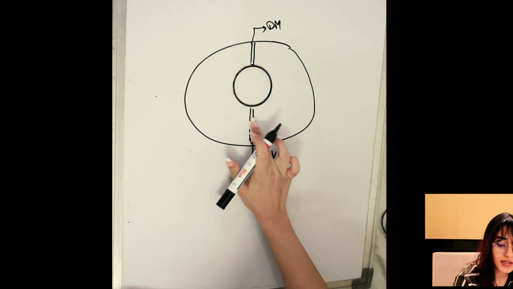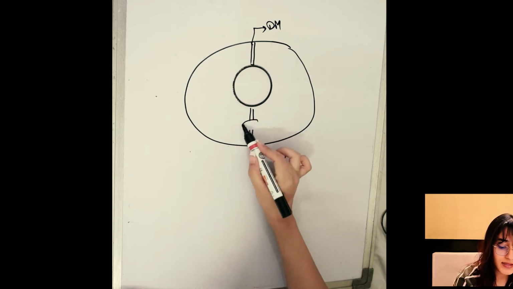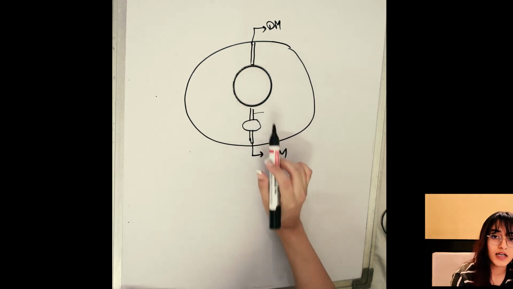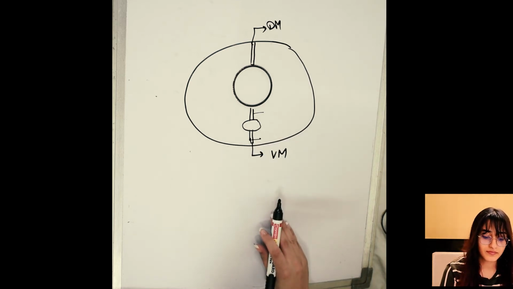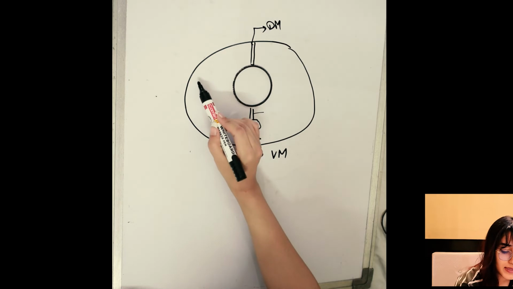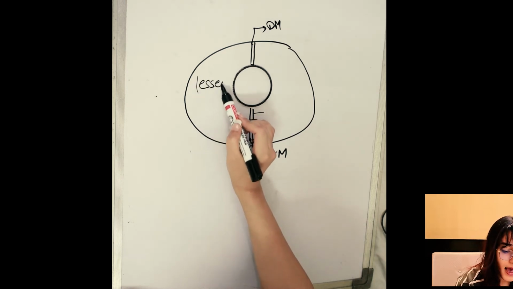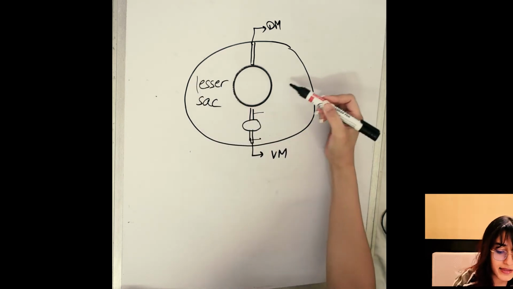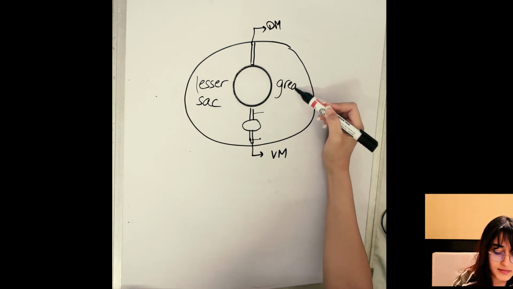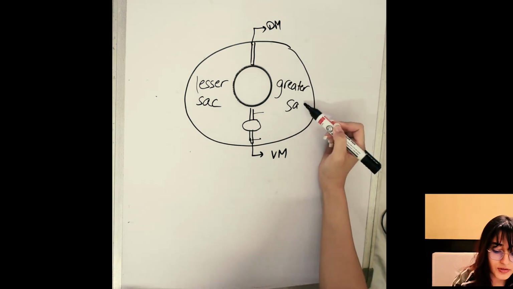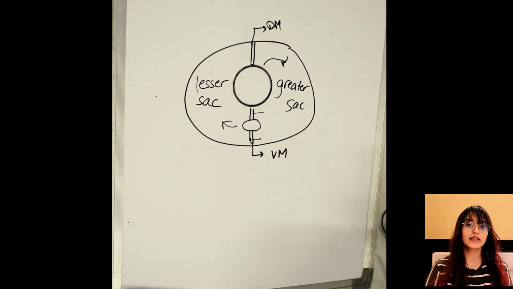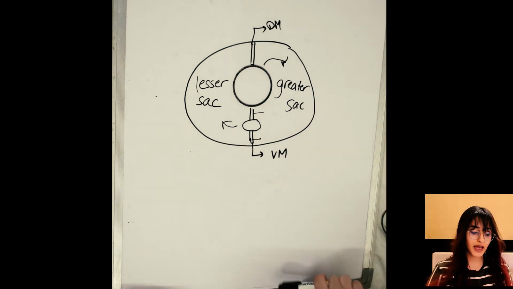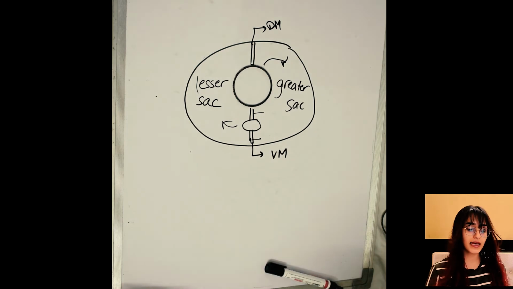Now after the liver develops, it divides it into the lesser omentum and the falciform ligament. Now this is basically your lesser sac, and this will be your greater sac. After the rotation of the stomach, the organs change their position, and then it will look something like in the picture I showed you before.